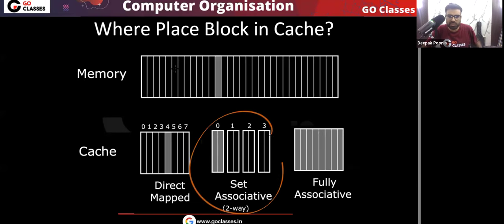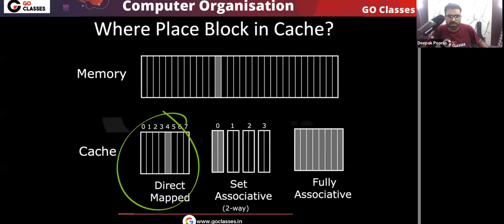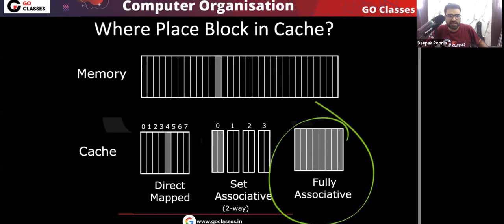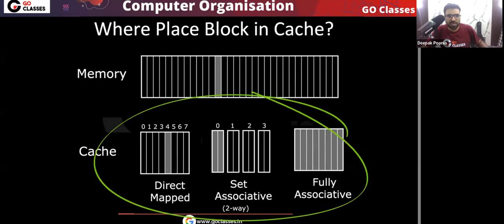For example, this is two-way set associative cache, means every set has two lines. So in the set associative cache, every main memory block maps to a unique set. In the direct mapped cache, every main memory block will map to a unique line. And in the fully associative cache, any main memory block can map to any line. Very simple. So these are the three types of cache memories.